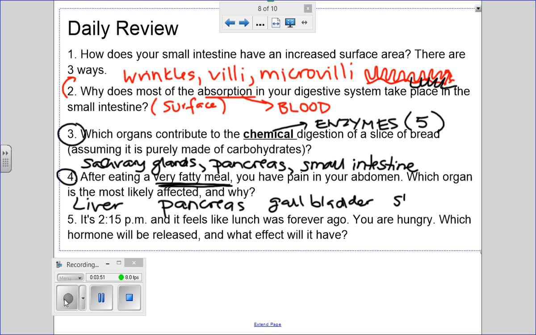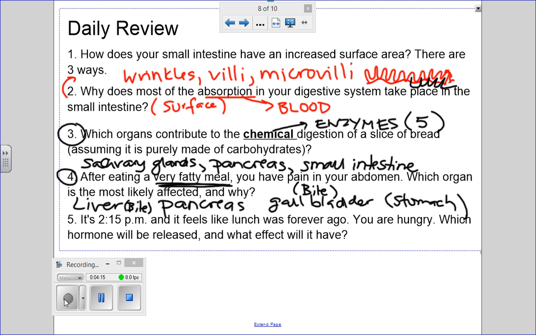Now I could even see to a small degree stomach being the answer. The reason all of those things are on the list is because they have to do with either bile or lipase. Your liver produces the bile, your gallbladder stores the bile. Both of those are required for physical digestion of fats.